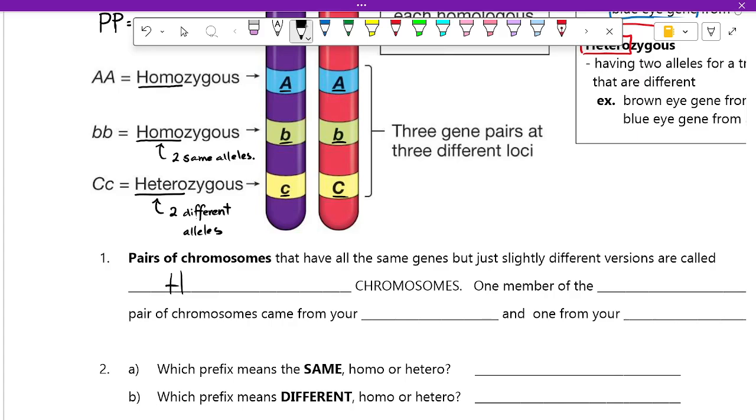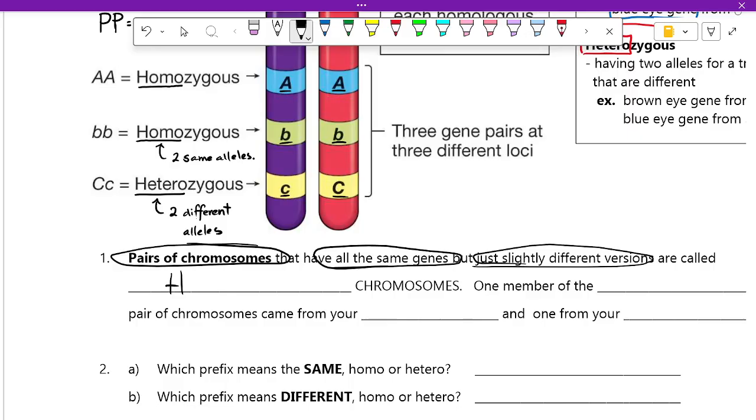They are similar pairs of chromosomes. They have all the same genes, but just slightly different versions. They are called homologous. And if you're wondering where the accent goes, it goes on the O, homologous.